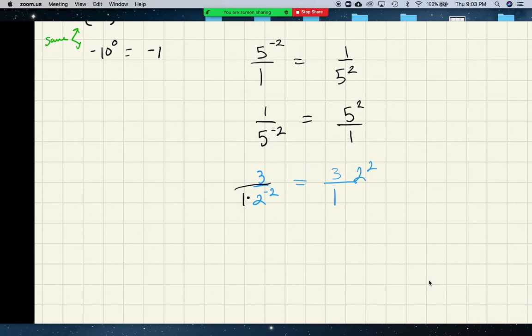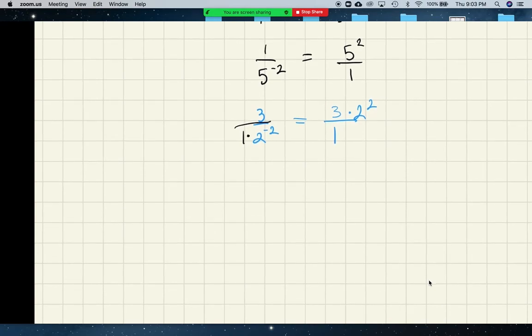With a positive exponent, you have to change the sign, and then you just write the multiplication there. So this thing moves to the top and just changes the sign of the exponent. And it works the other way around as well.